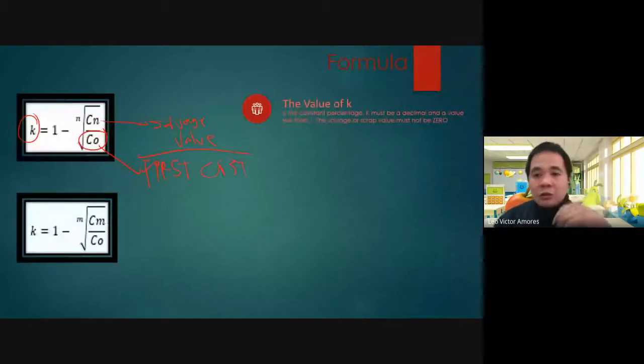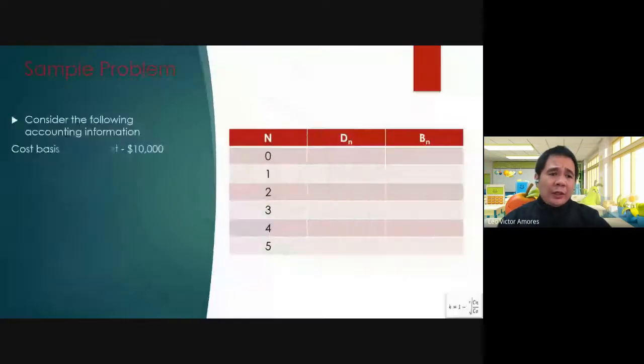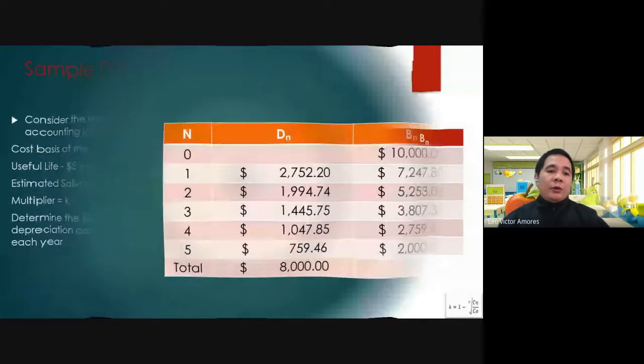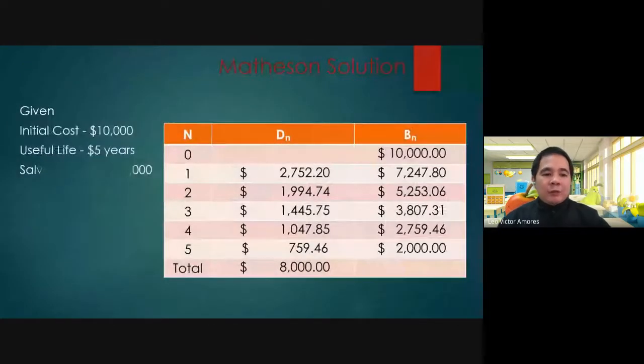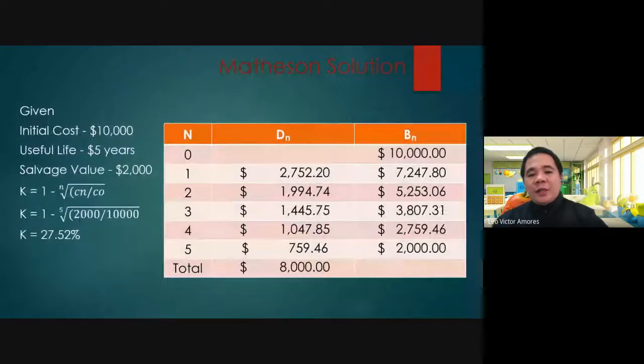The only limitation when it comes to the Matheson equation is that you should always have a salvage value, because you cannot compute for the succeeding years if you have no value of k. So dapat crucial na imong salvage value sa imong given. For this problem, your multiplier is around 27.52%. Imong i-multiply yan sa imong book value.